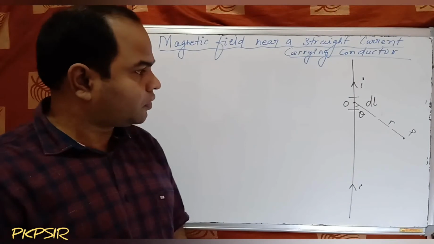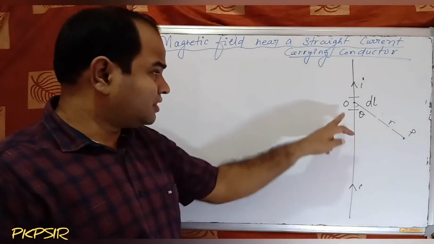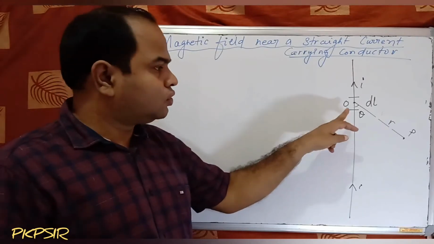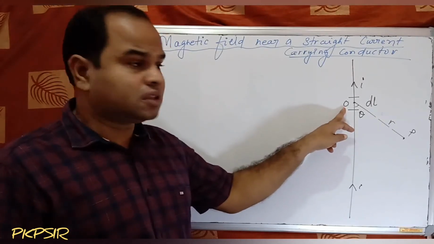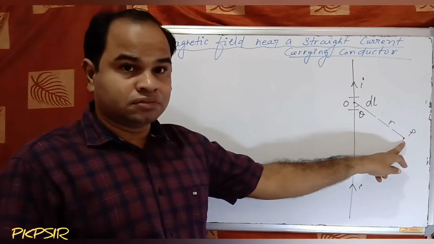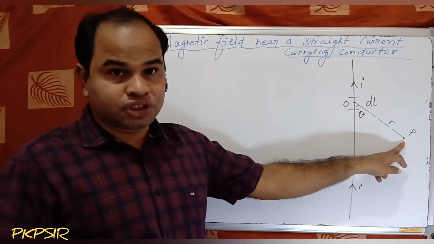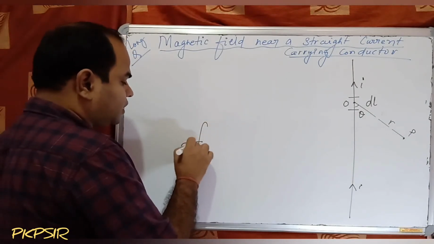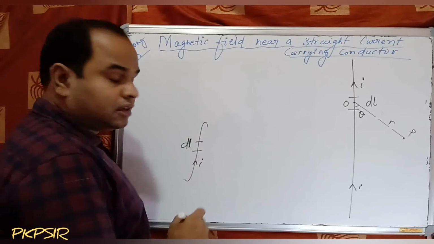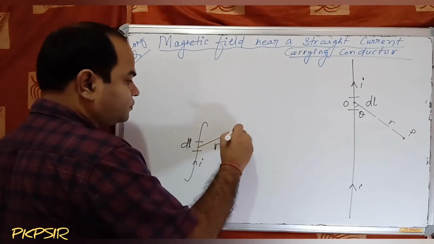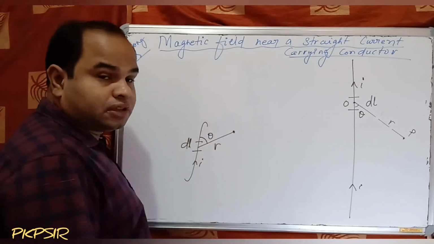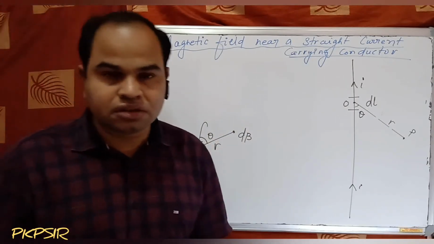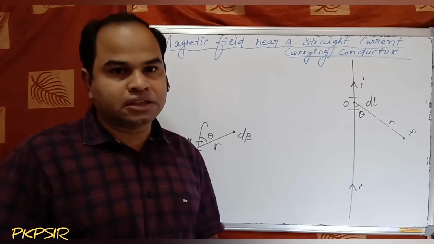So this is a current element, a current flowing in small length dl. So it must be producing some magnetic field at this point. We know from Biot-Savart's law, if a small length dl is carrying current I at r distance from it, it produces a small magnetic field. The magnitude of small magnetic field is dB equal to mu naught by 4 pi I dl sin theta divided by r square.